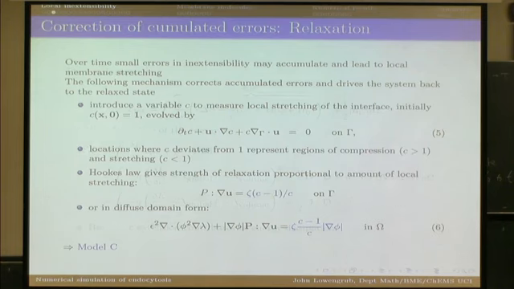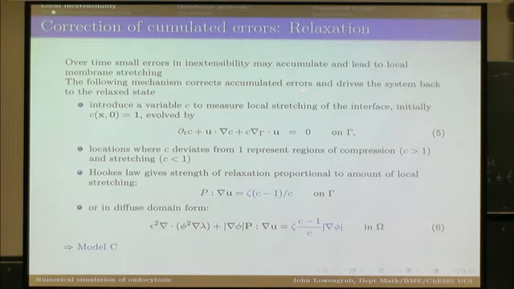Okay, but now that's a way of enforcing local inextensibility in a diffuse interface model. But in fact, what can happen is that if you start to make errors in the enforcement of that constraint, those errors can accumulate. And so even though you think you're satisfying the equation, well, you always have discretization error, and so the question is, how does that accumulate and affect the result? So it turns out, of course, it can, and that's well known.